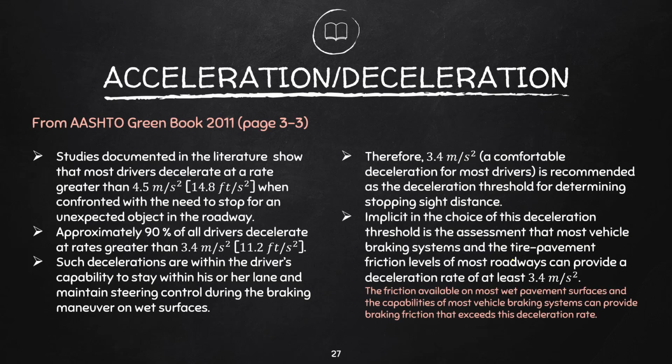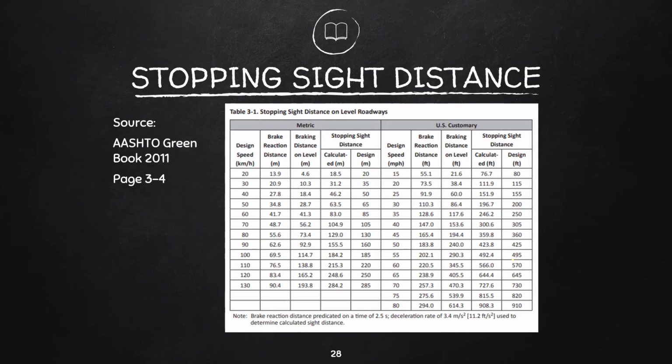Implicit in the choice of this deceleration threshold is the assessment that most vehicle braking systems and the tire-pavement friction levels of most roadways can provide a deceleration rate of at least 3.4 meters per second squared. The friction available on most wet pavement surfaces and the capabilities of most vehicle braking systems can provide braking friction that exceeds this deceleration rate. Okay, so that is from AASHTO.